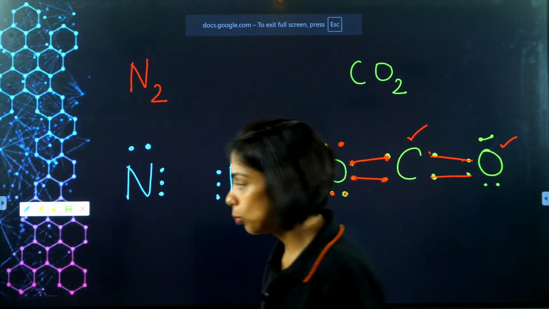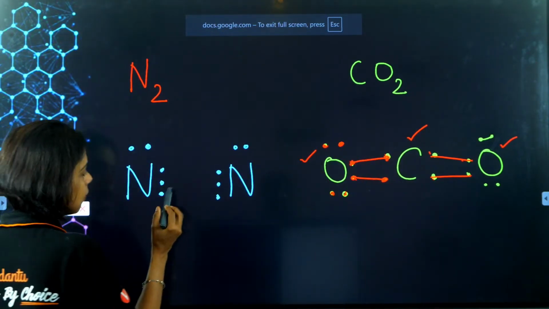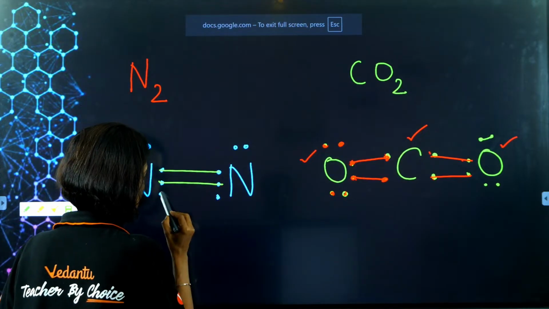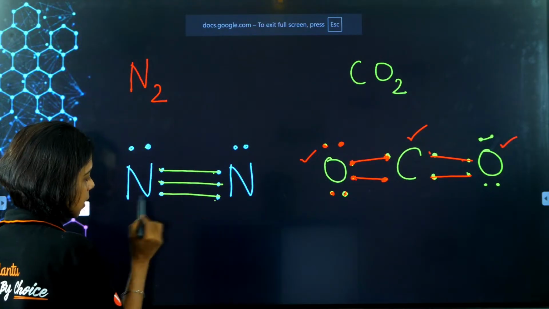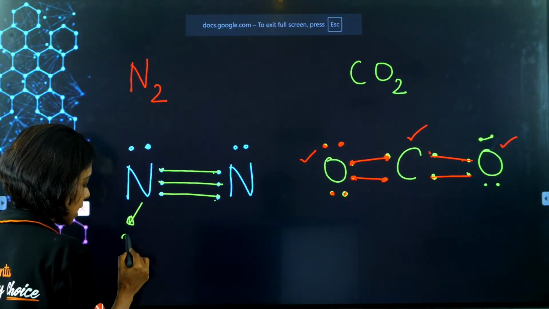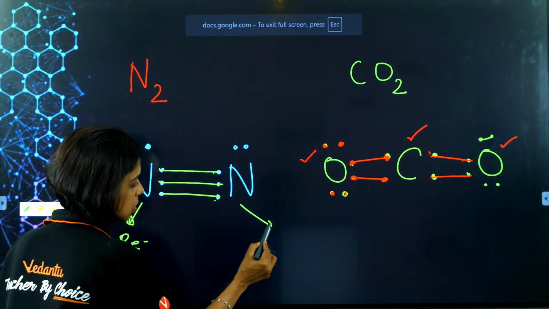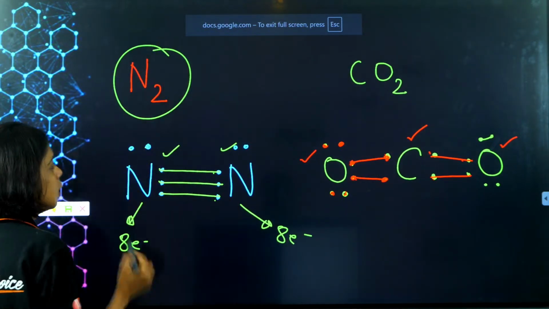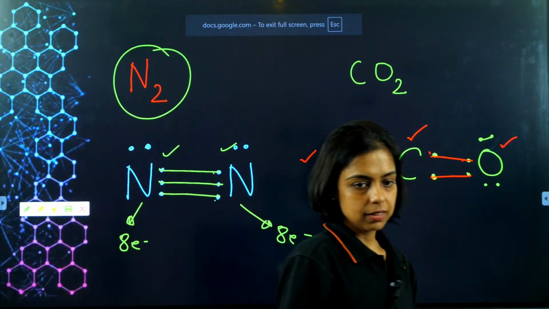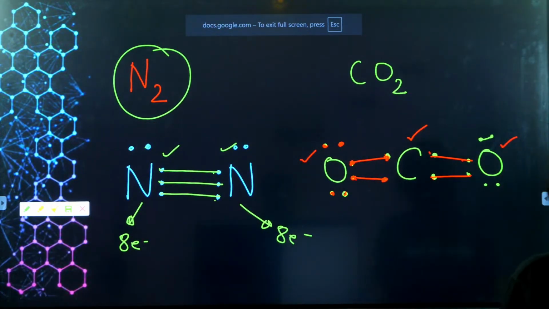Now what will they do? They will make a bond with each other. How many bonds will they make? 1, 2, 3. Now how many electrons? 1, 2, 3, 4, 5, 6, 7, 8. Now this nitrogen also has 8 electrons after making the bond. This also has 8 electrons. So both of them have a complete octet. That is why this N2 molecule exists. Right? Yes.